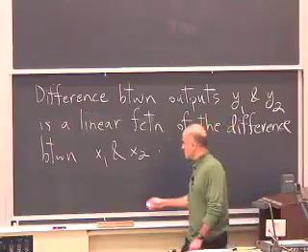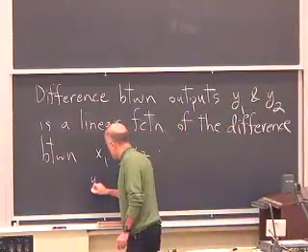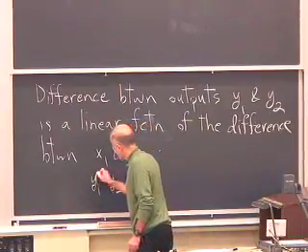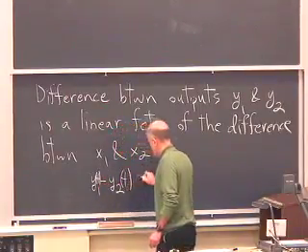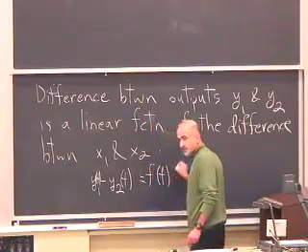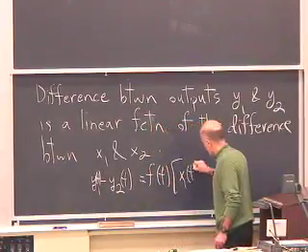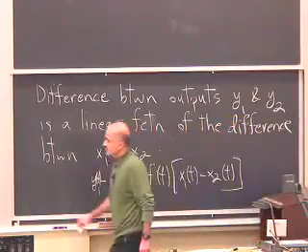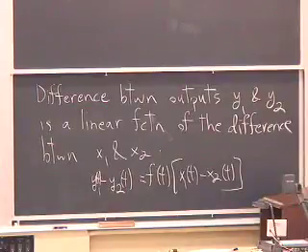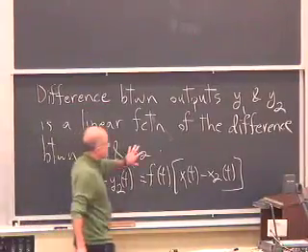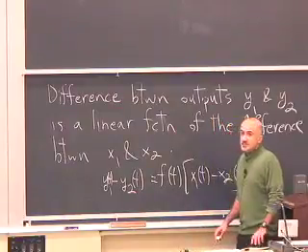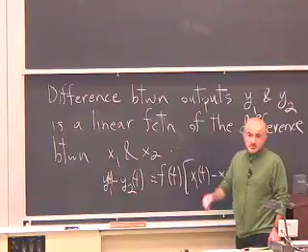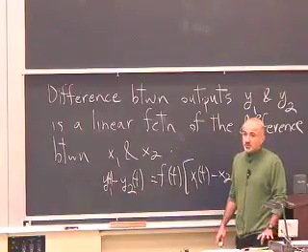So when I look at y1 minus y2, that is linear in terms of x1 minus x2. If this causes confusion, ignore that, and just think of it this way. It doesn't mean that when I send x1 minus x2, I'm going to get f times x1 minus x2 out. That's not what I mean.